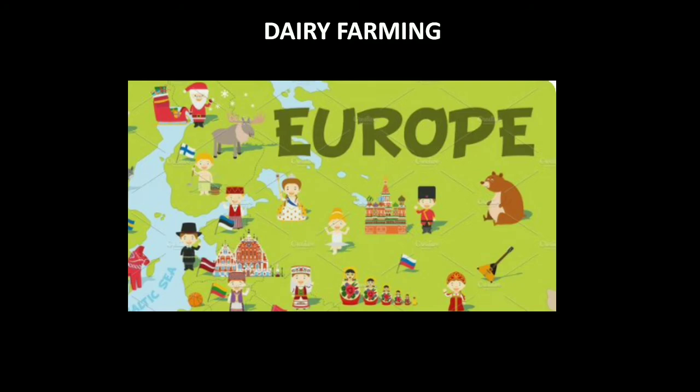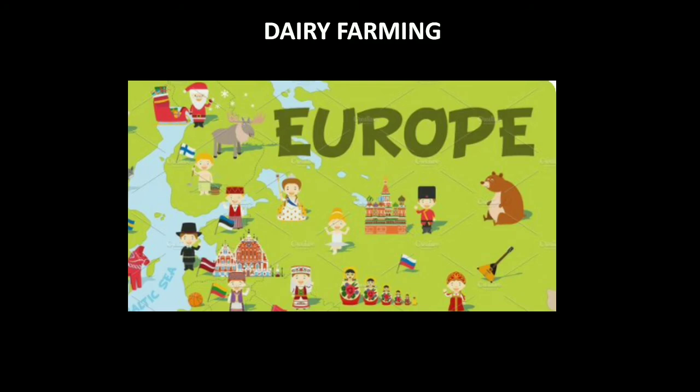How did it flourish in Europe? Because Europe has a very suitable climatic condition, as well as natural pastures, the land area for grazing. They have natural pasture for animals, because of which dairy farming is very profitable.